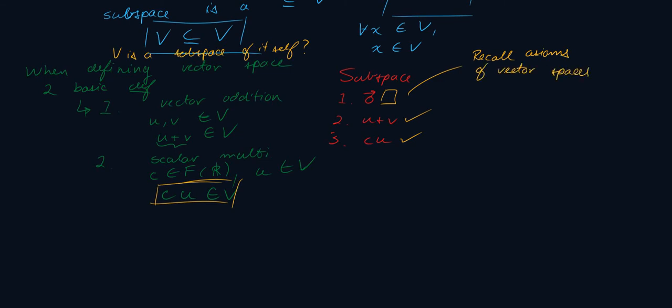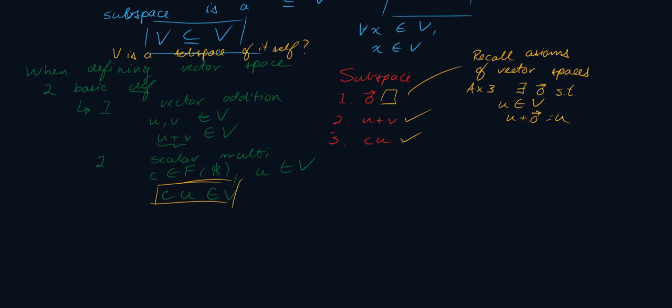In my definition, we had axiom 3 that stated an existence proof for the zero vector. It said that there exists a zero vector, such that if u belongs to V, then u plus the zero vector is equal to u. Okay, and that's how the zero vector was defined.